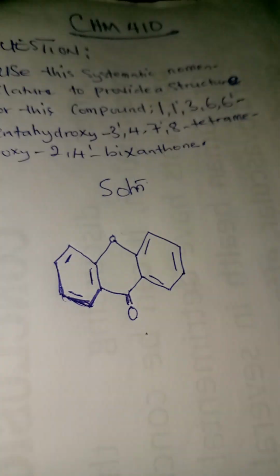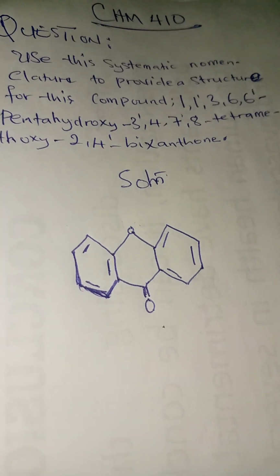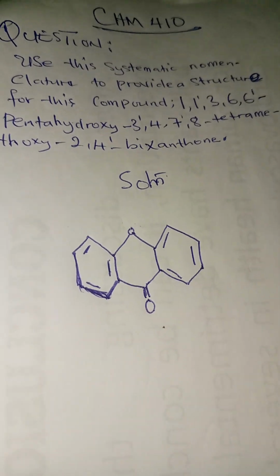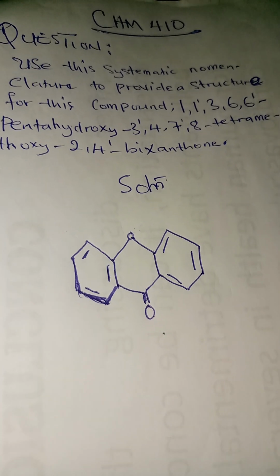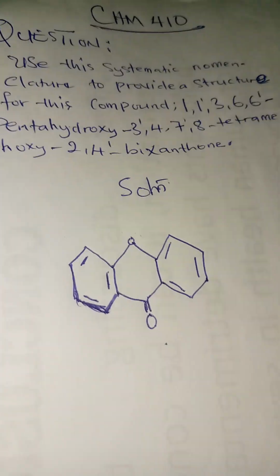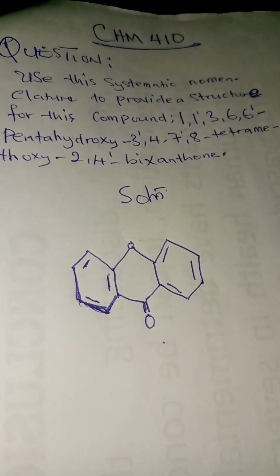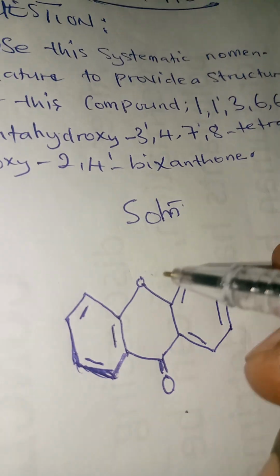So the first thing you need to do in a question like this is to draw your xanthone structure. This is the skeletal structure of a xanthone. Next, you need to number your xanthone structure. You come to the pyrone ring.